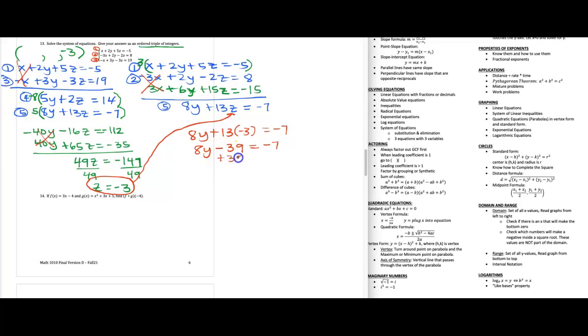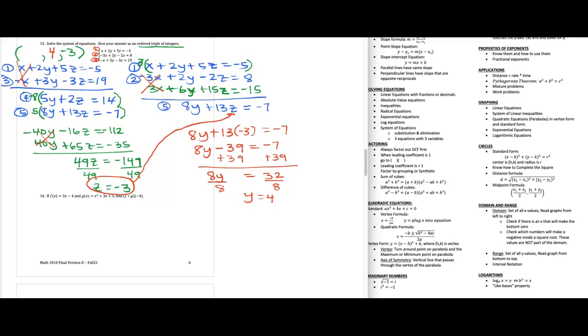All right, and then let's add that 39 over. So I get 8y equals 32. Negative 7 plus 39 is 32, and then divide by 8. So y equals 4. So 4 there in the middle needs to be that.